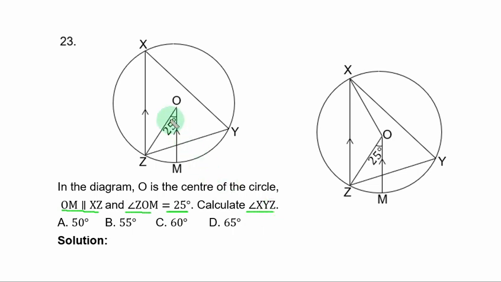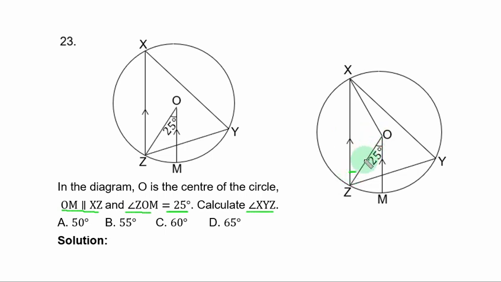Solution. The diagram is adjusted to this form. Now we try to join O to S. Now because MO and SZ are parallel, means this angle is 25 degrees, alternate angles.